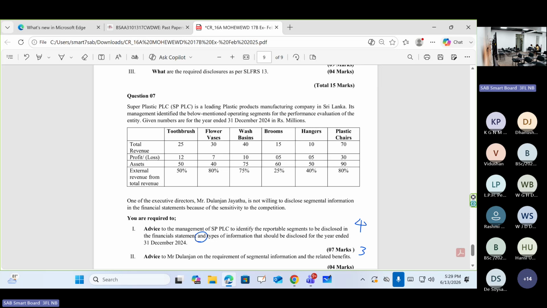20,000 different. One was 20,000, 10,000. Very good.